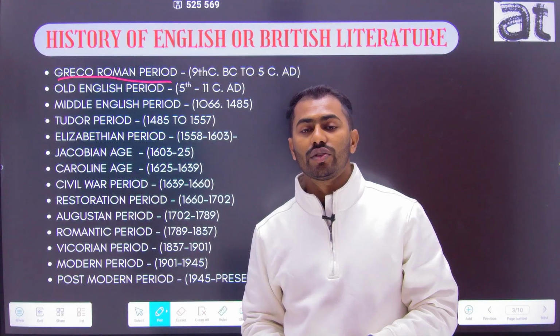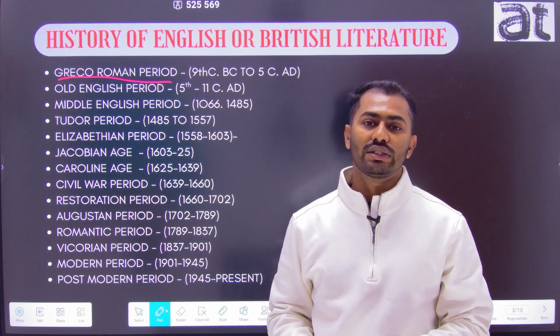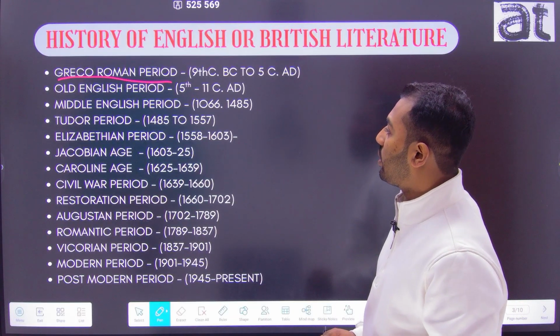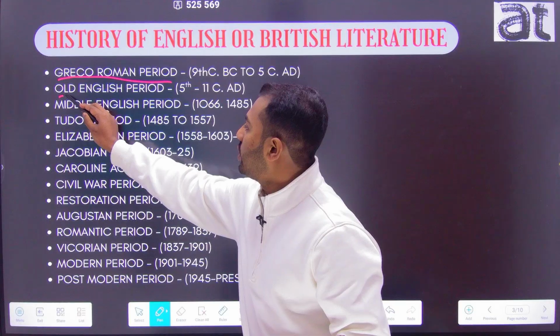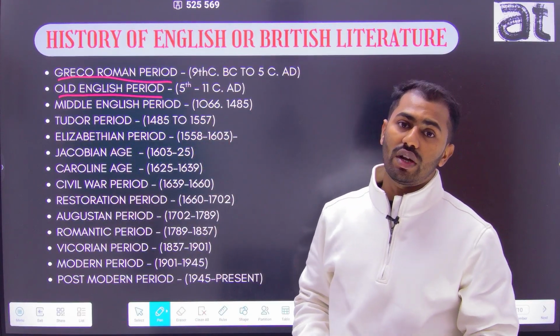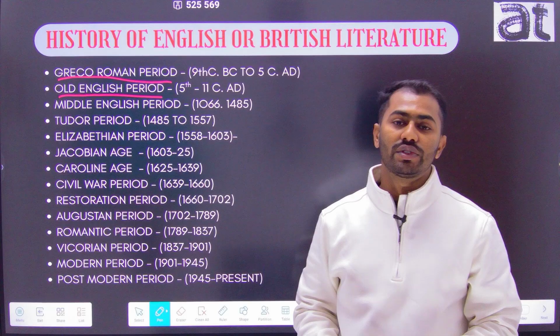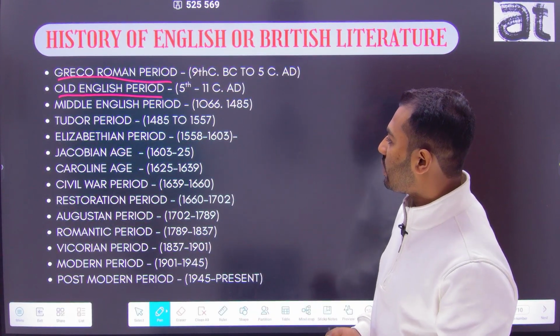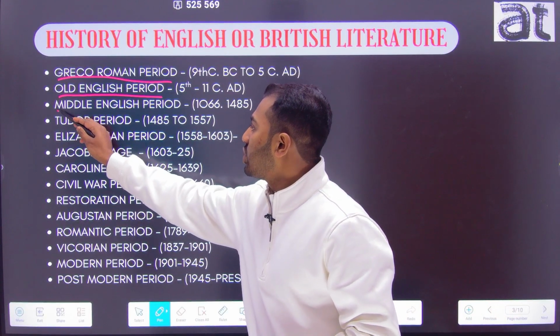We will also read Aristotle, Horace, Plato in the Greco-Roman period. After the Greco-Roman period comes the Old English period. In the Old English period, we will read Beowulf, Cynewulf, Caedmon, King Alfred the Great.